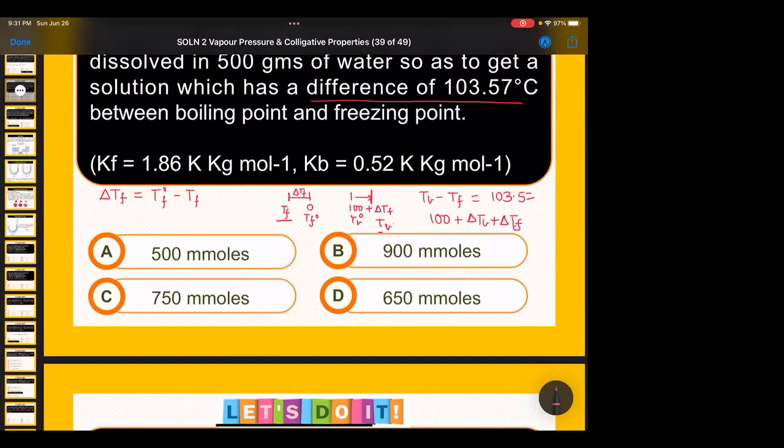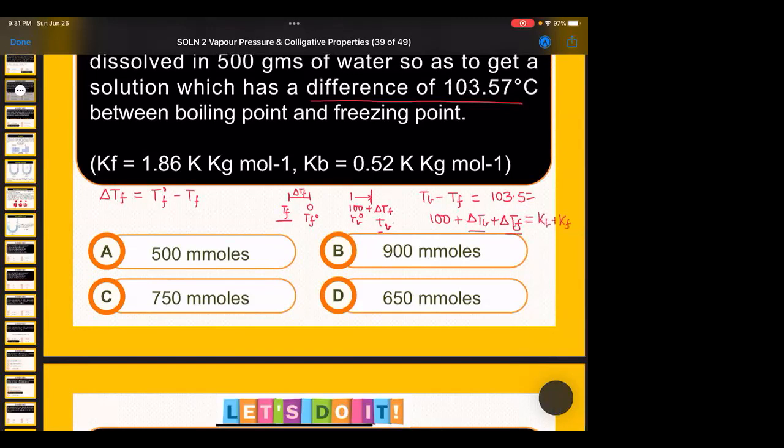Is it clear? Because 100 is the original gap between the freezing point and the boiling point of water, and the boiling point is increased by delta Tb, the freezing point is decreased by delta Tf. So the complete gap for the solution is going to be 100, the original gap, plus delta Tb plus delta Tf, and it is equal to Kb plus Kf into molality.